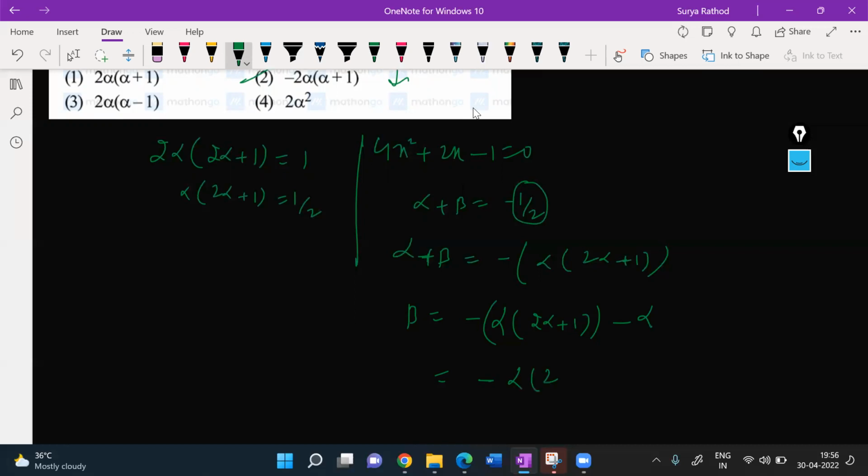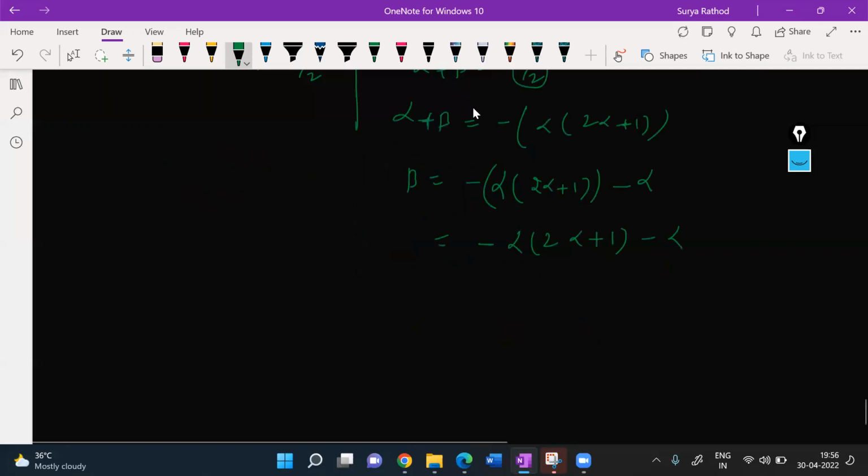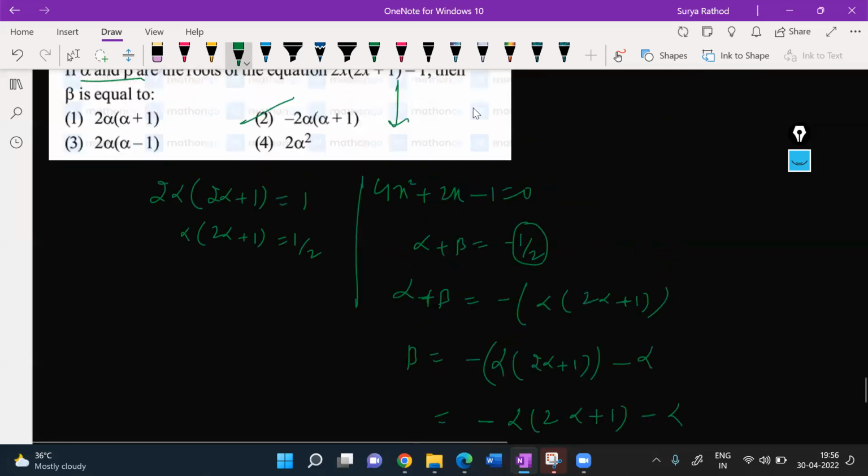Alpha into 2 alpha plus 1, minus alpha. Correct? So minus 2 alpha square minus alpha minus alpha. Minus 2 alpha square minus 2 alpha. Minus 2 alpha common, so alpha plus 1. This is the answer: minus 2 alpha into alpha plus 1. Option D is correct.